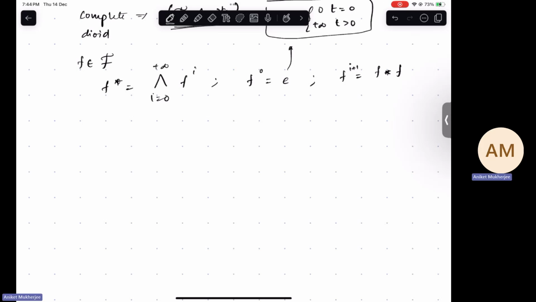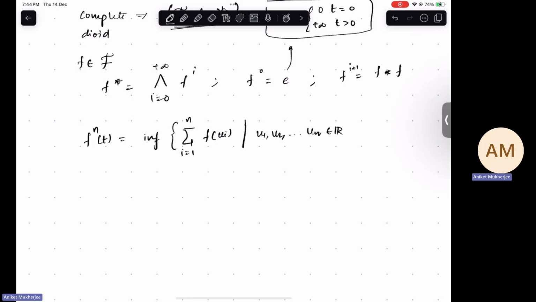So basically f^n of t is the infimum of the sum over i equal to 1 to n of f of u_i, such that u_1, u_2, up to u_n belong to R plus, and the sum over i equal to 1 to n of u_i equals t.